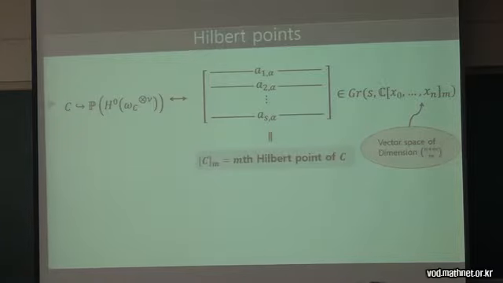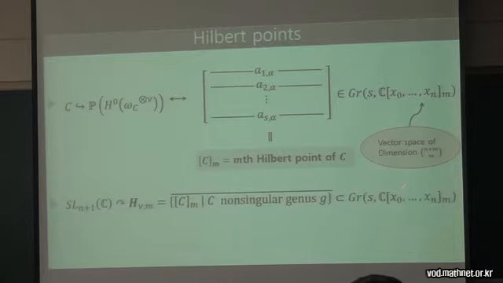And I'm going to call this point in the Grassmannian the m-th Hilbert point of C. And this H nu m is the set of all these points where C runs through all non-singular genus G curves. This is called the Hilbert scheme of smooth projective curves of genus G.